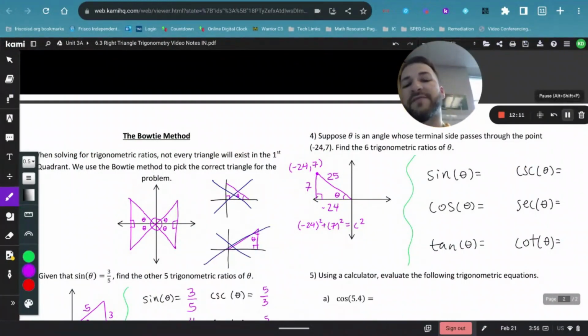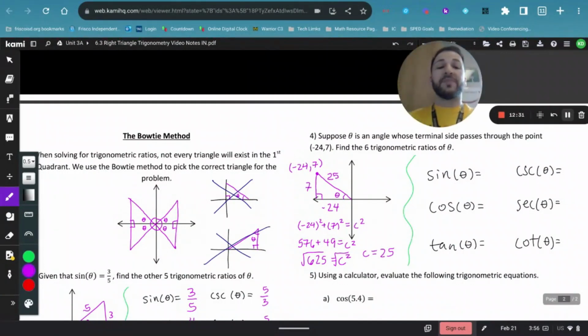So we get 576 plus 49 is equal to c squared, which gives us 625 is equal to c squared, square root, and we get c is equal to 25. So we can always go back to Pythagorean theorem, even if you don't know your Pythagorean triples.